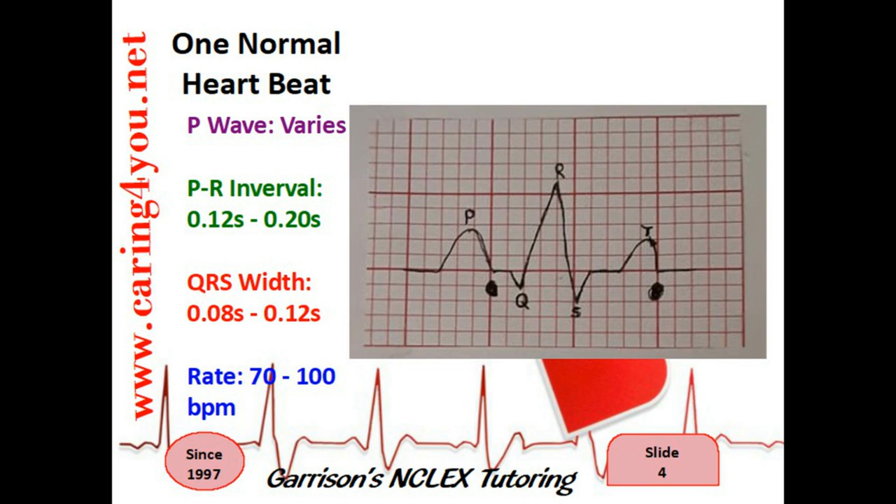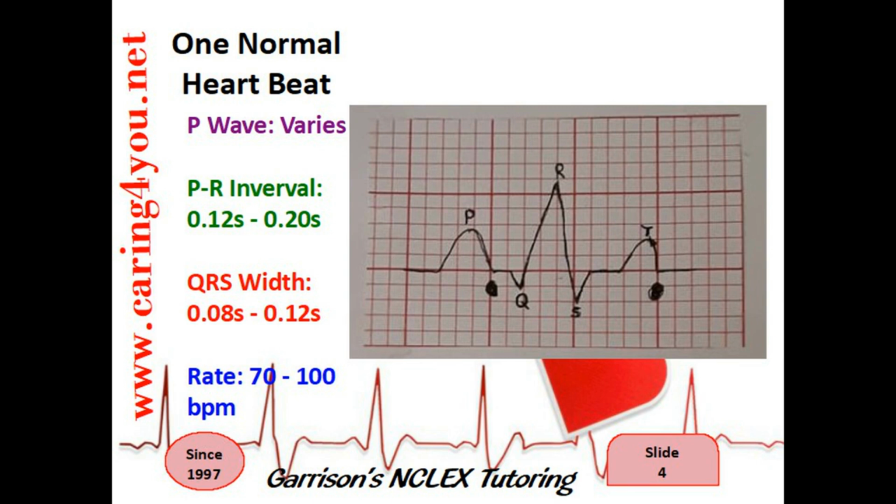Now, a normal P to R interval is 0.12, which is 3 small boxes, to 0.20, which is one big box. And that's exactly what you see in front of you. You see approximately one big box from the P to the R. Let's count it. 1 box, 2 box, 3 box, about 4 boxes, right? So this is a normal PR interval. You see what I'm saying? 0.12 is 3 small boxes to 0.20, which is one big box.